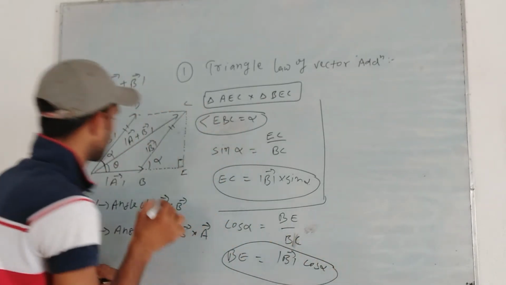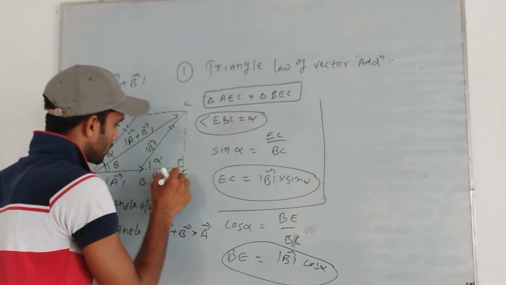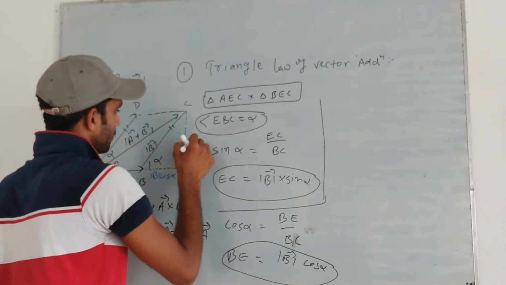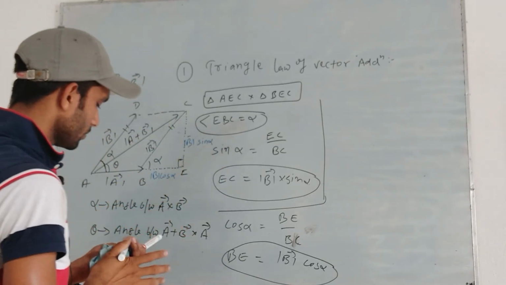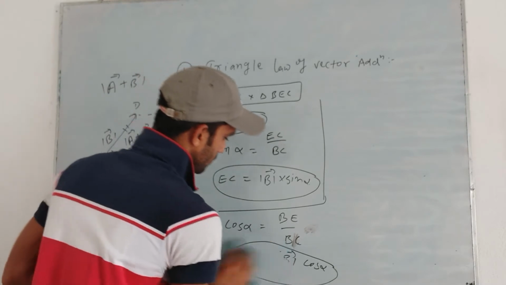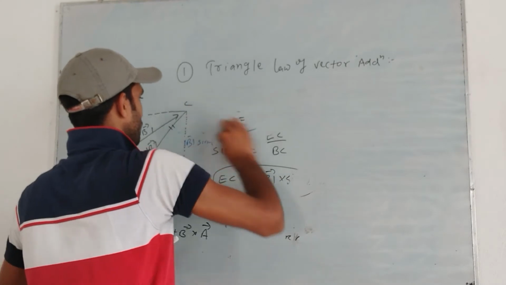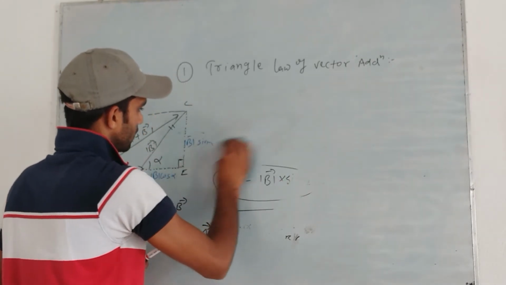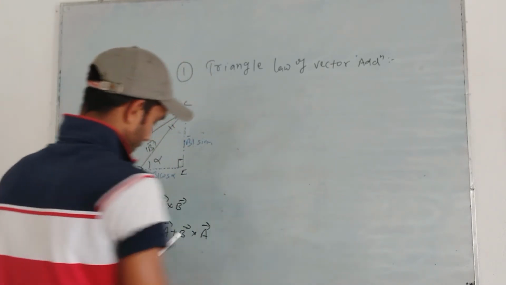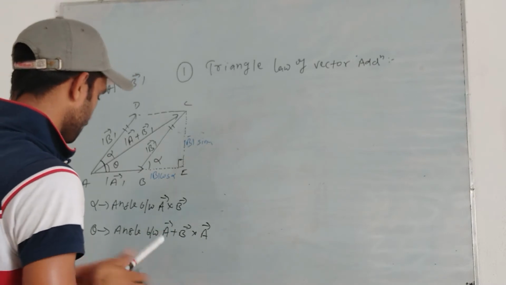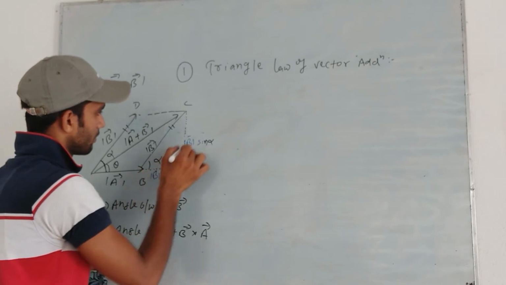So BE is B cos alpha, and this is your B sin alpha, right? This is sin alpha, and this is cos alpha, right?